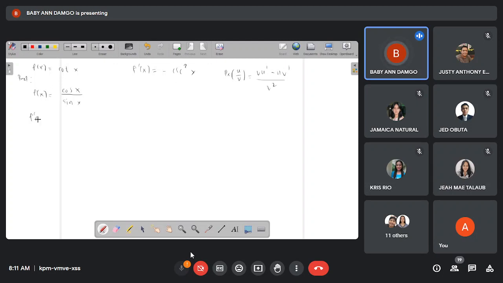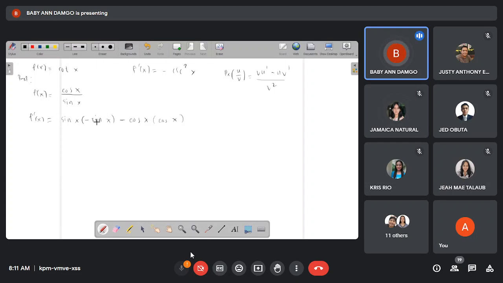So, the derivative, so this is sine x times, unsay derivative sa cosine x? Negative sin x. Okay, so, negative sine x minus the cosine x. Derivative sa sine x, cosine x.